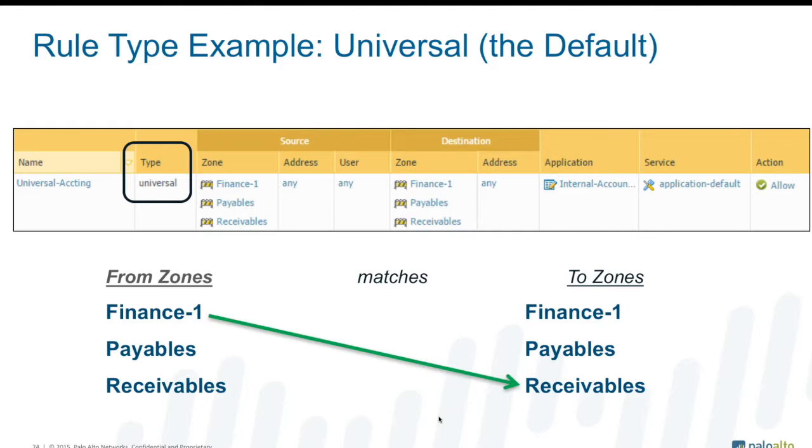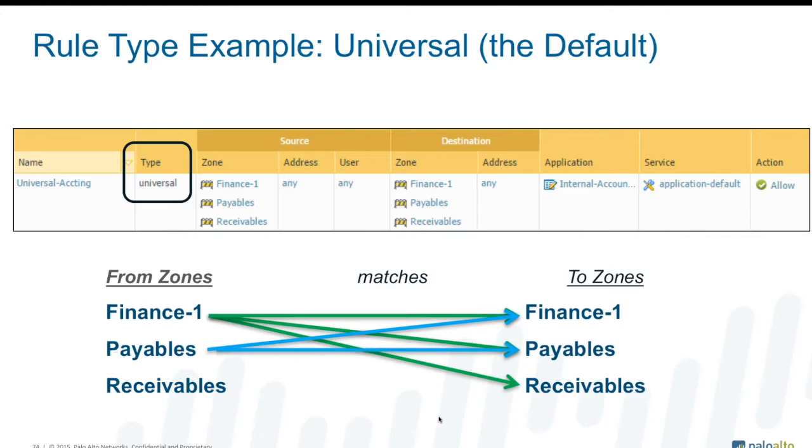So I can go between zones with a universal type, and the rule also covers traffic within the same zone.